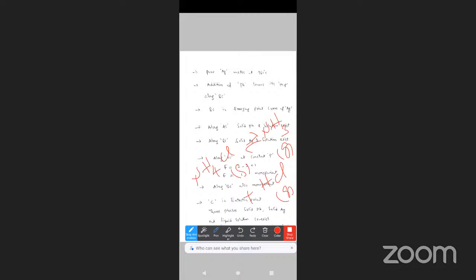Here the pressure of ammonia is not equal to the pressure of HCl. So then only we'll take these two as one phase, and ammonium chloride as one phase. So hence, the number of phases are 2.